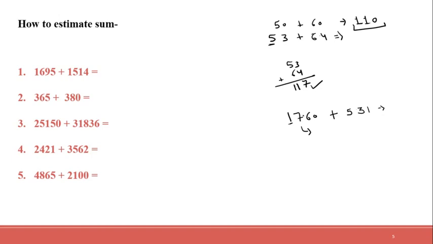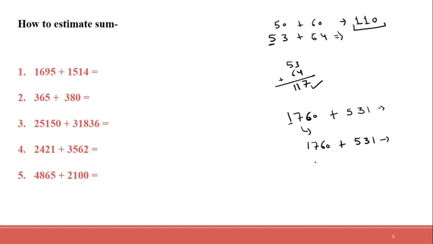No, actually, what we do is we just round off according to our convenience. How? Like it is written here 17,060 and here it is 531.